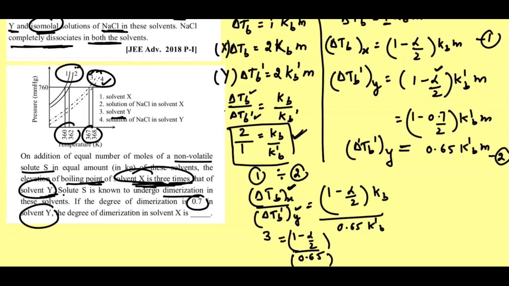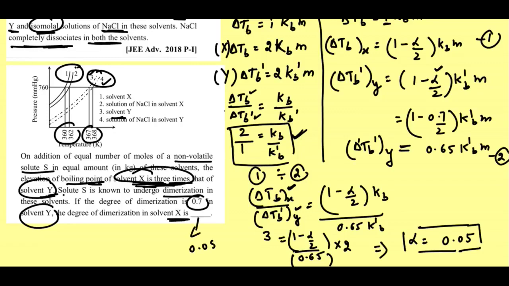This ratio I have already calculated; it is 2, so I put this value here. When I solve, I get the value of alpha as 0.05. So the final answer for the degree of dimerization of solute S in solvent X is 0.05.